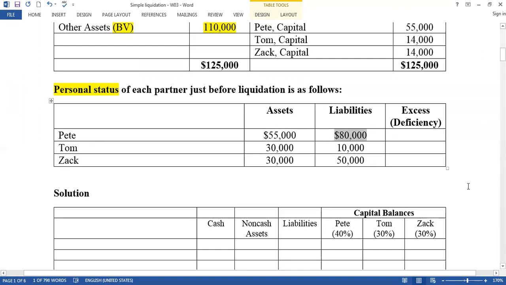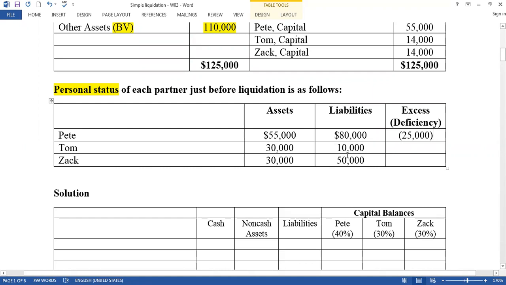Good news or bad news? Bad news, right? So $25,000 is negative. Bad news means actually you are called insolvent. If you have more liability than your asset, you are insolvent. So this is personal information, not the business.